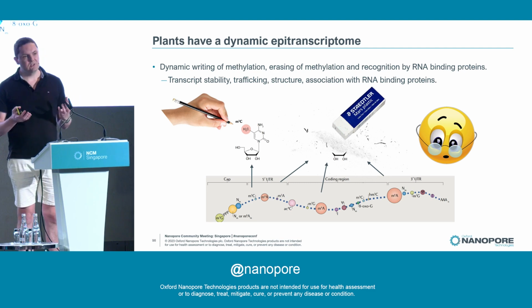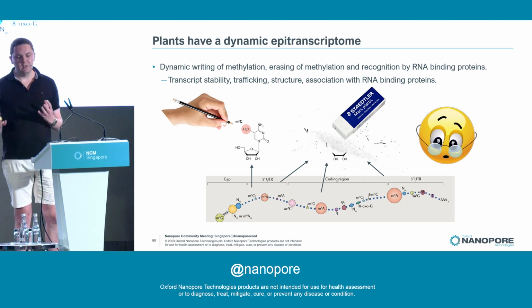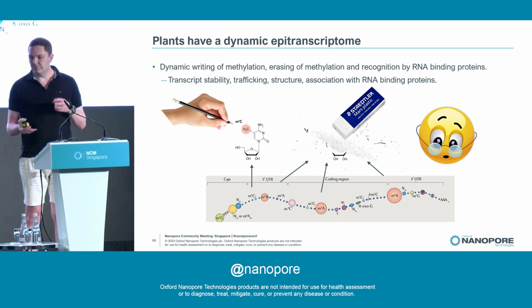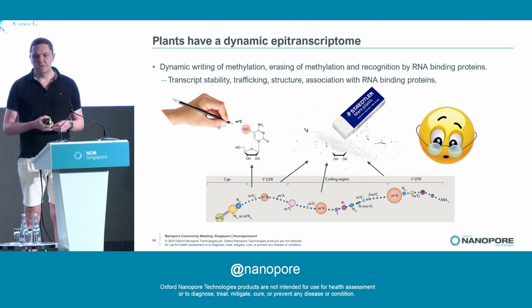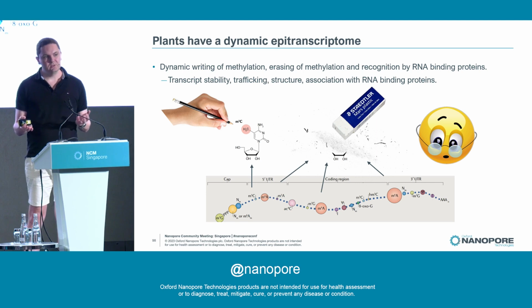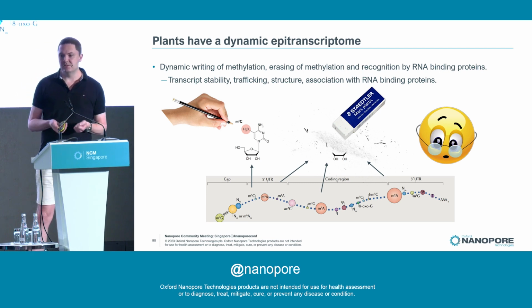And also there are RNA binding proteins that will recognize these methyl marks on the transcript and associate with that RNA. So we're investigating this process because we have a dynamic mixture of RNA methyltransferases and erasers from the plant and from the fungus happening in the system.